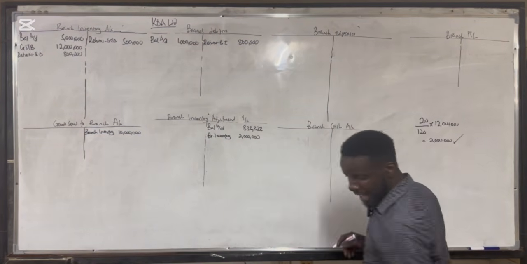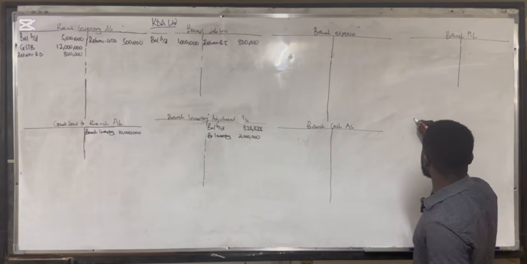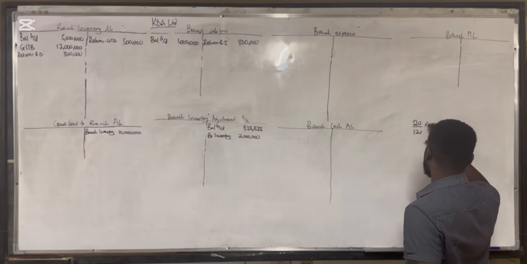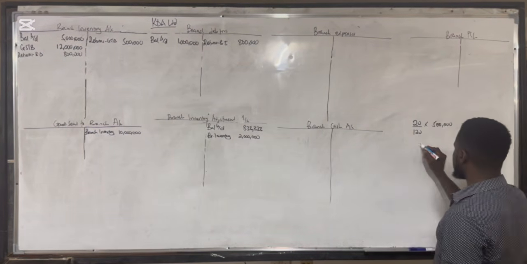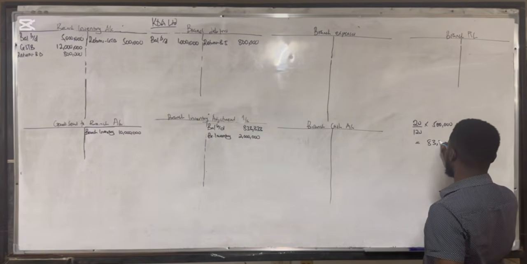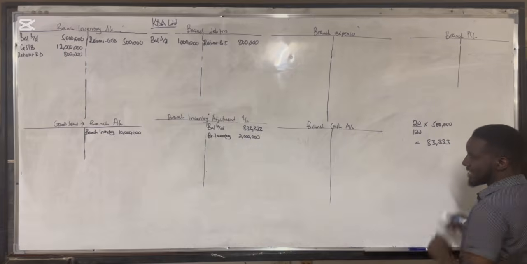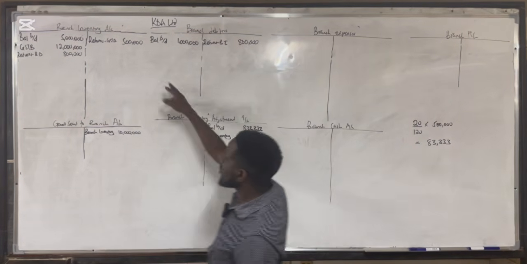So I'm going to get 20 out of 120 times the 500,000, like this. So this is going to give me 83,333. So meaning that this is the profit component that I'm supposed to get out of the returns.